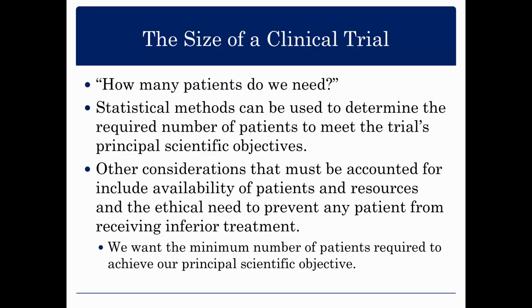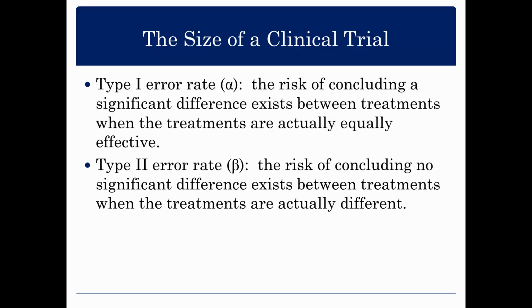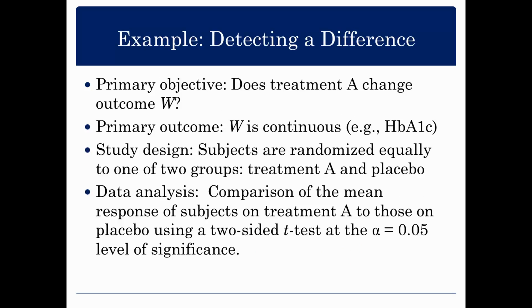I want to get to an example of the size of a clinical trial before we leave. That way we can make sure we get through it. So here, we have an example. The primary objective that we're looking at is whether or not a treatment can induce a change in some outcome. So let's assume our outcome is continuous, like HbA1c.